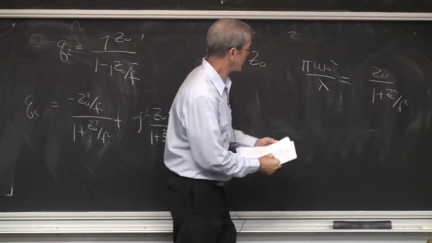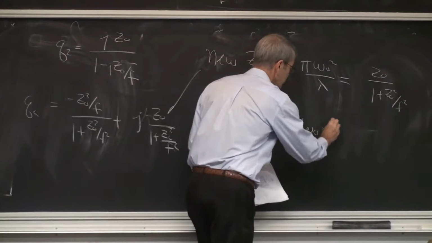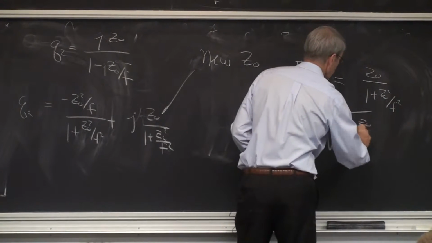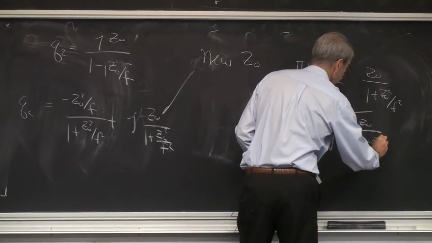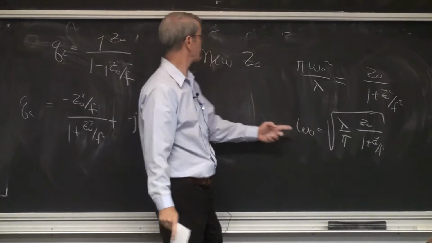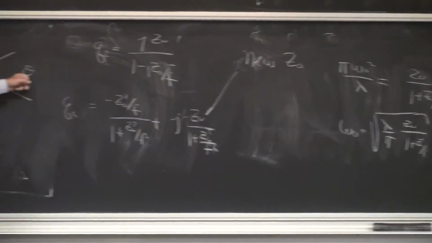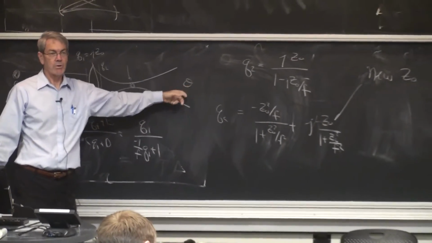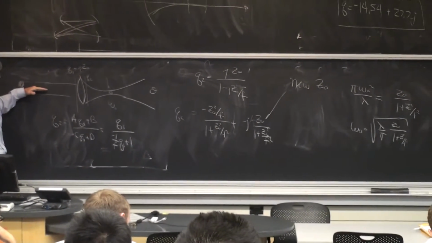And so I now know omega naught equals the square root of all this. You can do it yourself. So I now know the new spot size, so now I know the new diffraction angle. And I'm done.